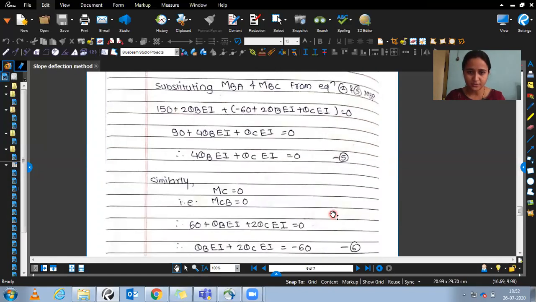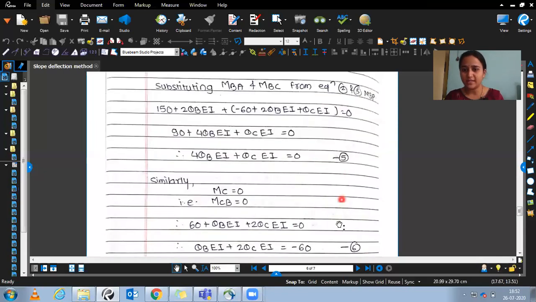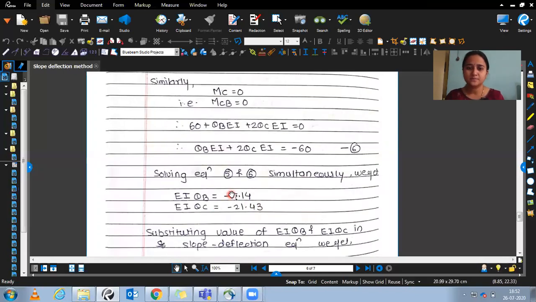We'll substitute the particular values, and by solving this we have got equation number 5. Similarly, at joint C, there is only one member meeting, so MCB is equal to 0. We'll substitute this particular equation, and here it is equal to 0. We have got equation 6. So solving equations 5 and 6 simultaneously by using the calculator in equation mode, we'll get these values.